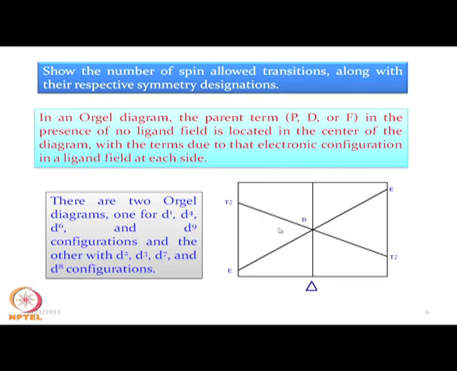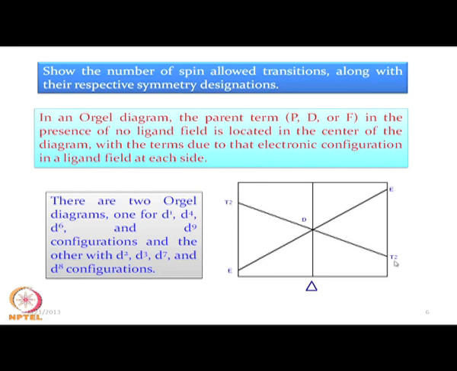The only difference is that the doublet and the triplet are the two cases. So, D will be split into E and T2. In one case E will be the ground state, in another case T2 will be the excited state.